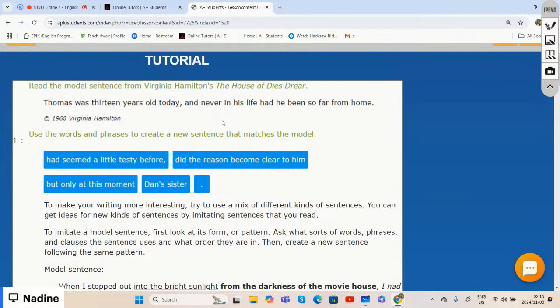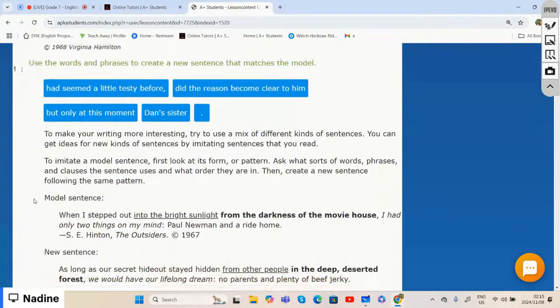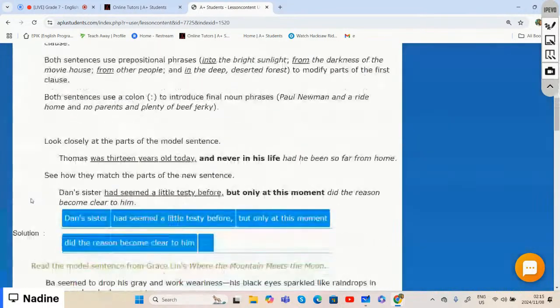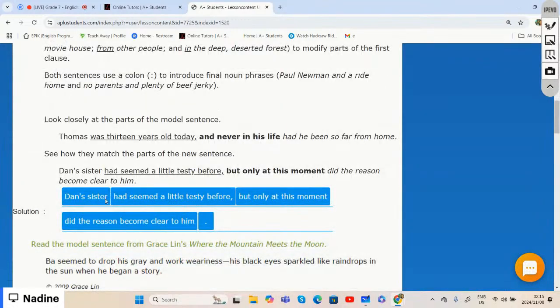We're going to start with Dan's sister had seemed a little tasty before, but only at this moment did the reason become clear to him. Let's see. Yeah. Dan's sister had seemed a little tasty before, but only at this moment did the reason become clear to him. Period.